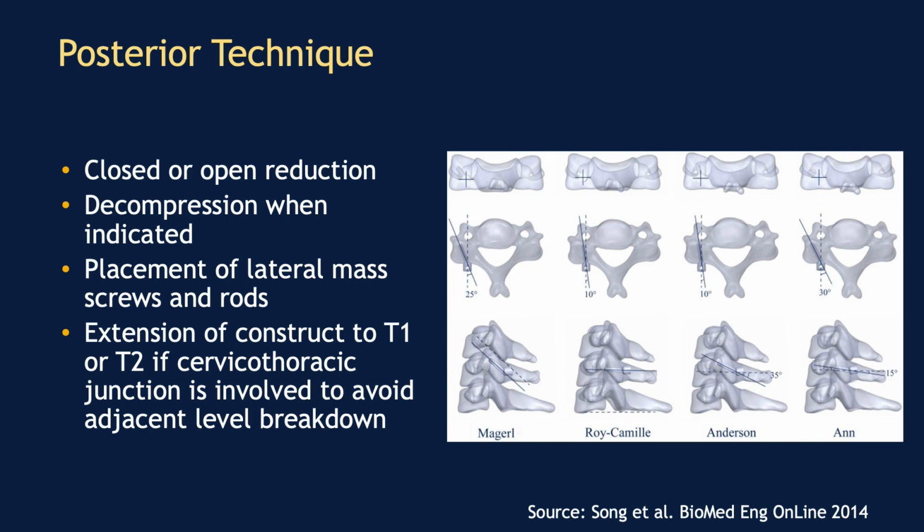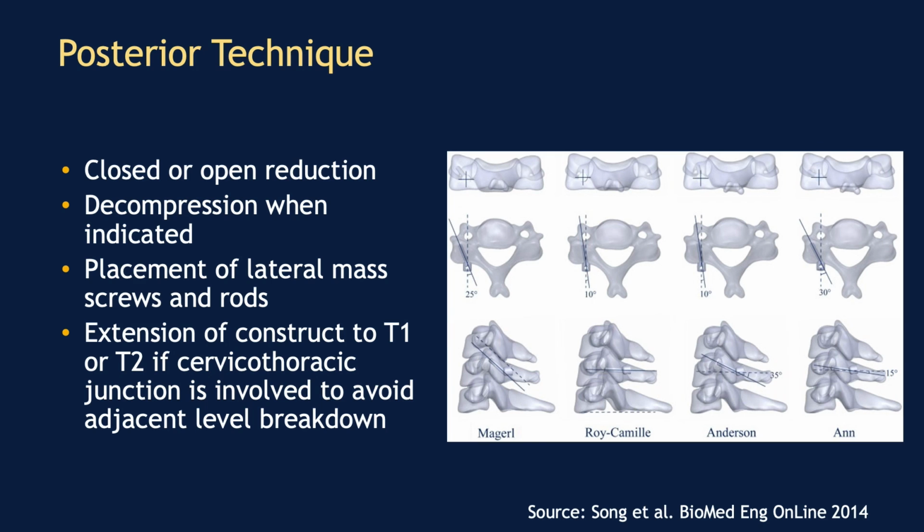Just briefly to describe the posterior technique, various techniques exist for placement of lateral mass screws. Typically, the entry point is established 1 to 2 millimeters medial to the midpoint of the lateral mass. There is a medial-lateral angulation that varies from 0 to 30 degrees depending on the technique, and craniocaudal angulation varies from 0 to 15 degrees depending on the technique.